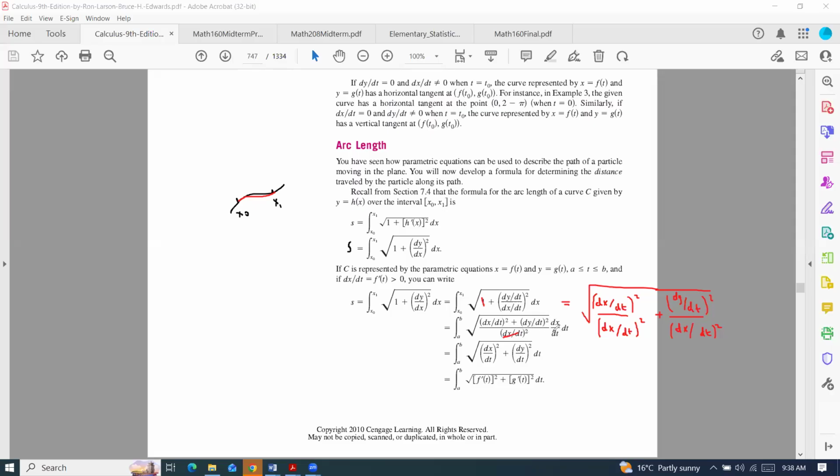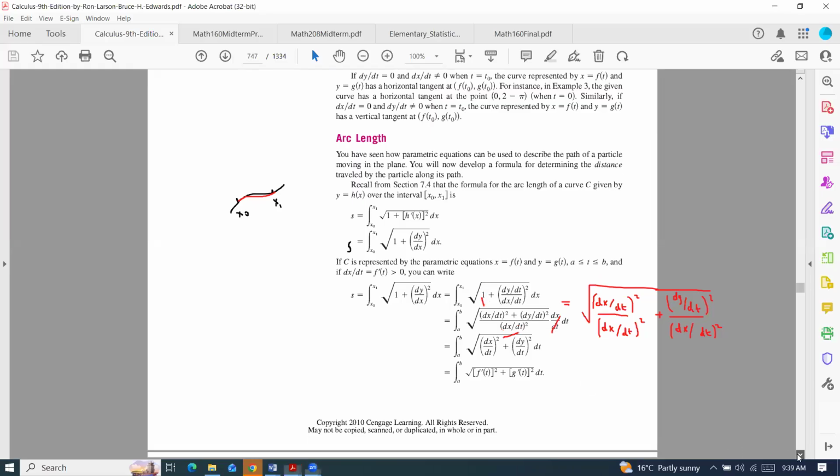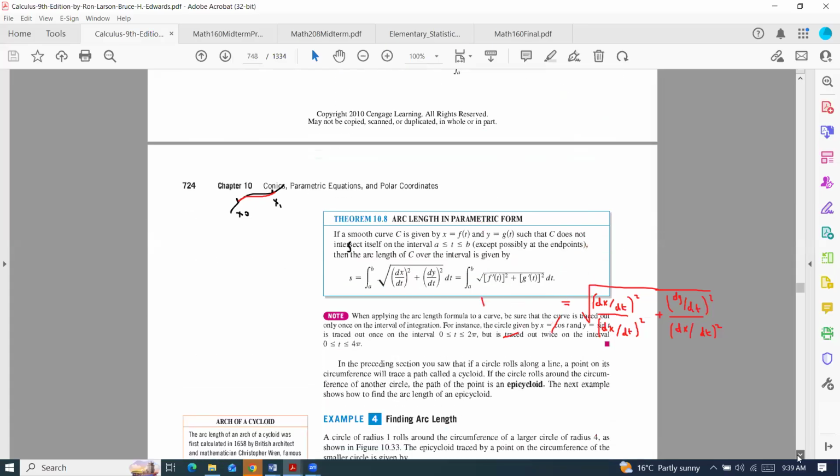Then there's the square and no square root either, so they will cancel, and that's how it becomes dx over dt squared and dy over dt squared. So actually, this is the derivative of the first coordinate squared plus the derivative of the second coordinate squared. I'm trying to give you an idea why this is happening like that, so it's worth looking at this little algebra. And the point is now we can use this to find the arc length.